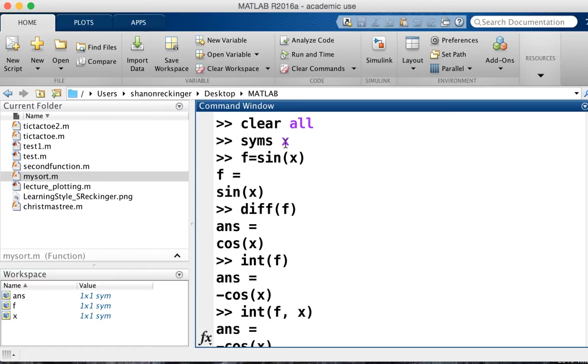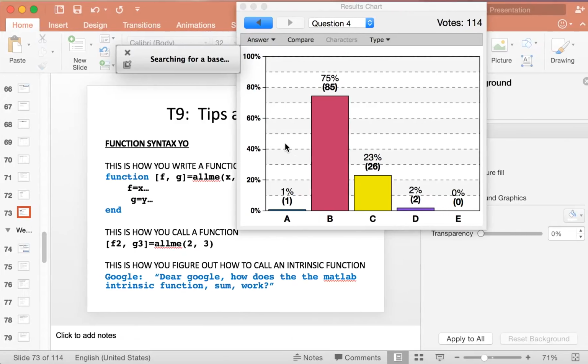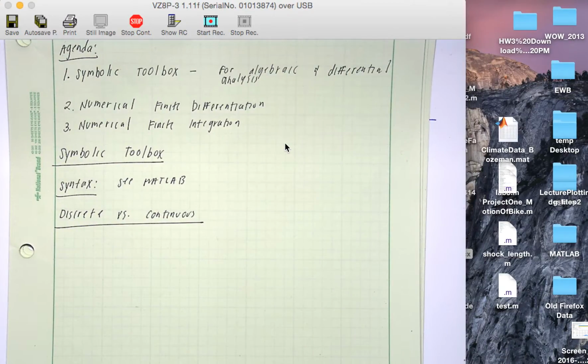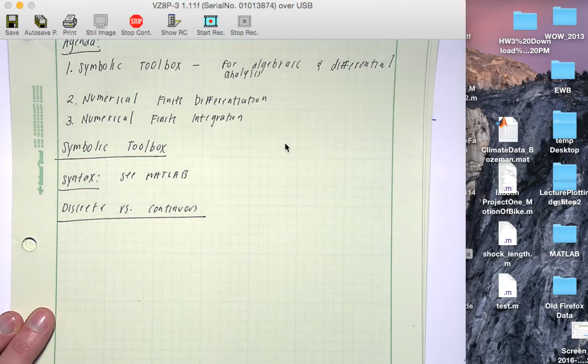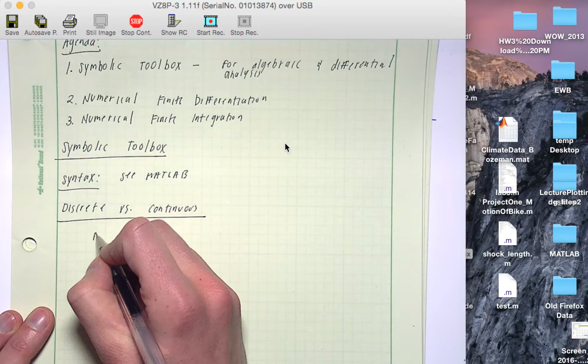we're going to move on now to 2 and 3, starting to look at numerical differentiation and integration. Okay, so let's just talk for a second about the difference between having discrete data and continuous data.